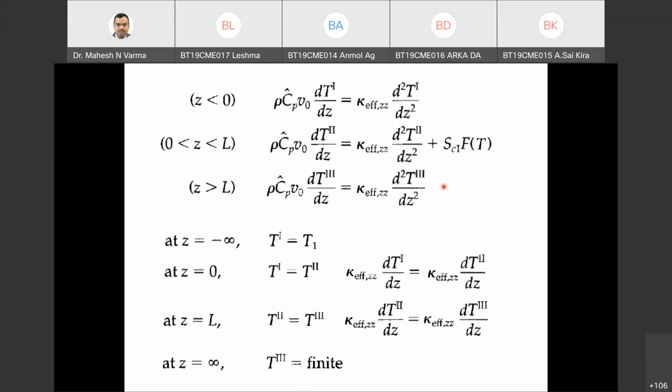Logical assumptions to reduce the difficulty of solving this problem. Sir, we can use boundary conditions. Yeah, logical boundary conditions we are using anyway. I am asking about any more assumptions you can add.